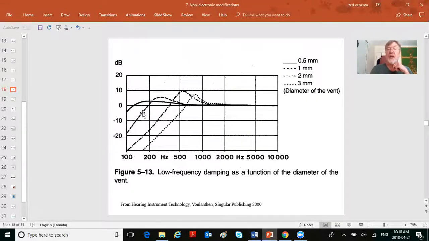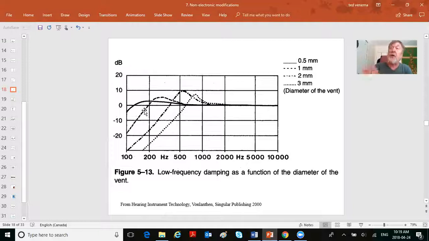It lets out barely any lows. Pressure vents are used mainly for physical comfort. They just allow the air to communicate on both sides of the mold, so that when you pull out the hearing aid, you're not sucking out the eardrum. A pressure vent is not really meant to affect the occlusion effect. It's mostly just a physical comfort thing.